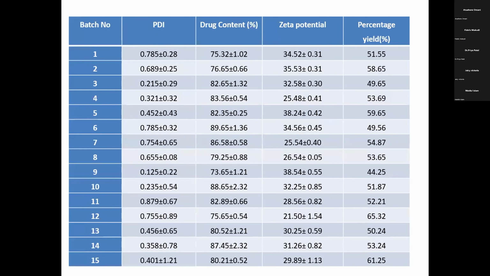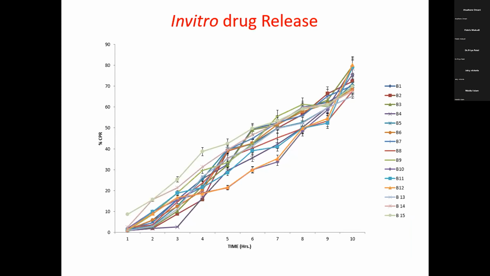These are the different physicochemical evaluations of all batches, including the PDI, that is the polydispersity index, drug content, yield, as well as the zeta potential. For release behavior, we did the in vitro drug release by the USP dissolution apparatus type 2, using a cellophane membrane with lung fluid as the dissolution media. From the in vitro drug release study, we came to know that our formulation shows release from 60 to 80% within 9 to 10 hours.